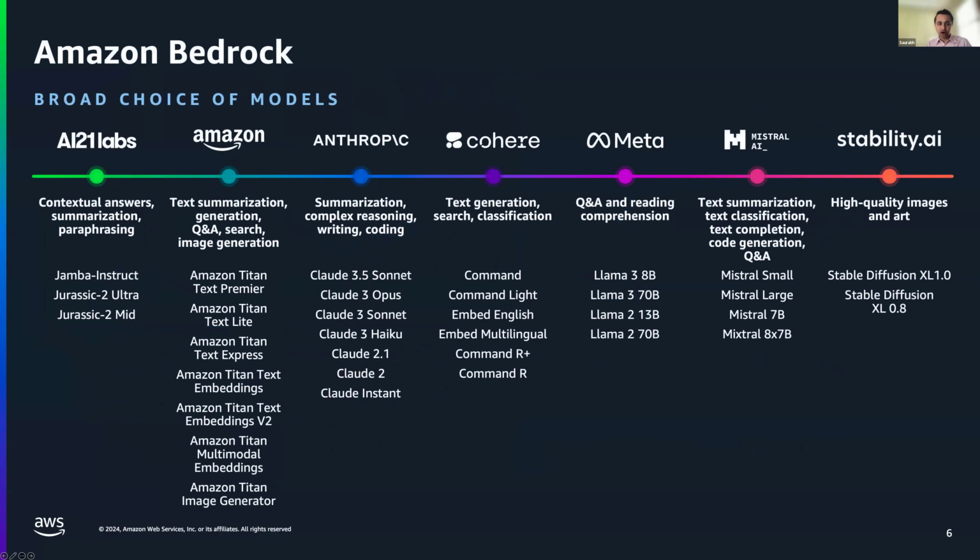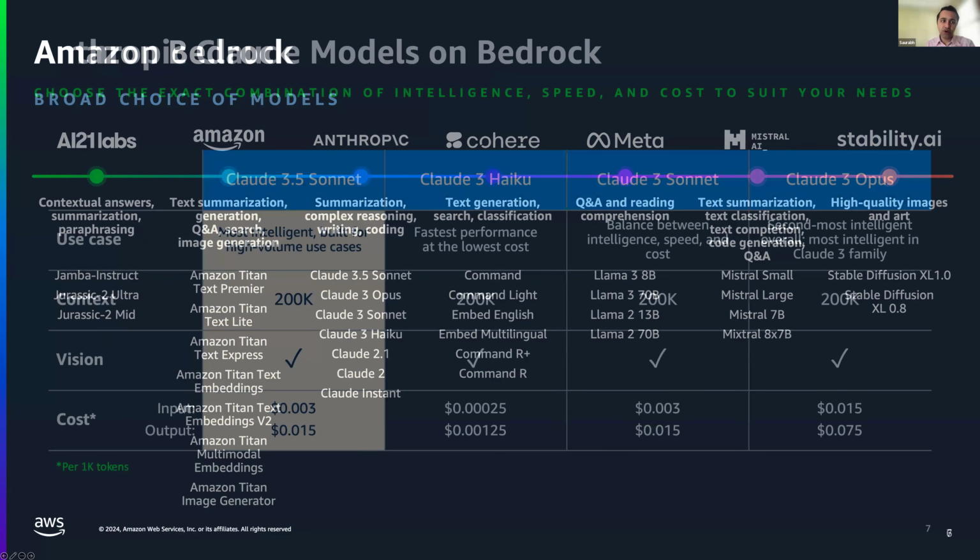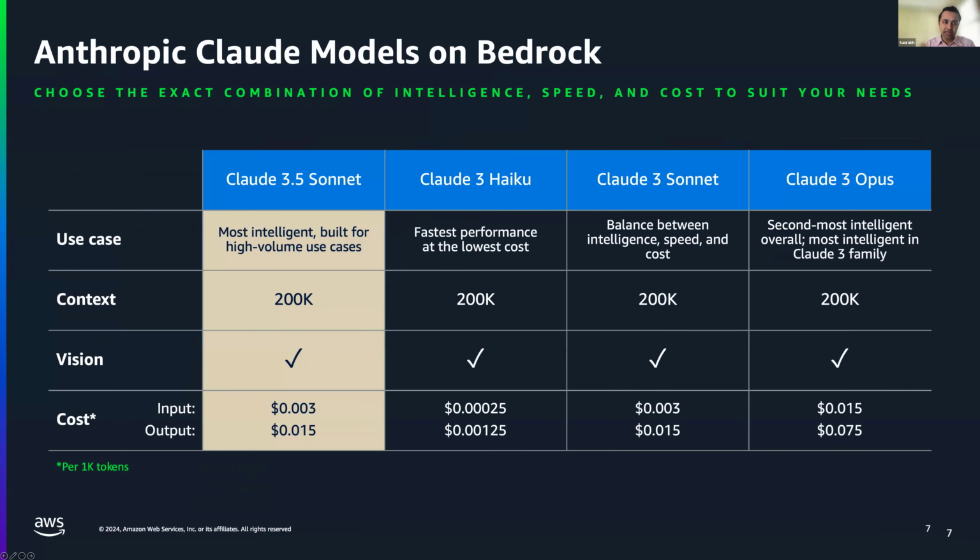We provide a lot of different choices of models from various partners. I want to focus on some of the Anthropic models. Anthropic recently, this week itself, came with an updated 3.5 Sonnet model, with much higher capabilities. There are different capabilities when it comes to different models.